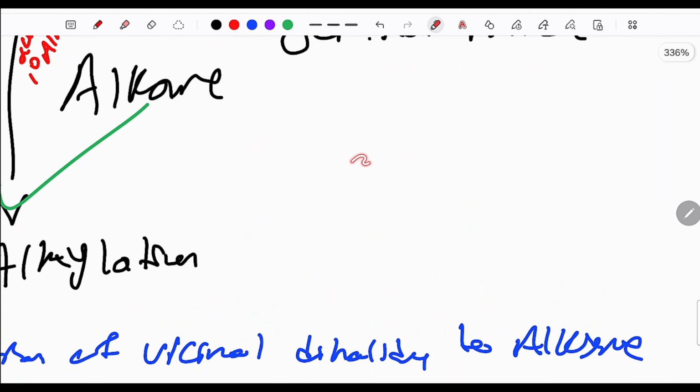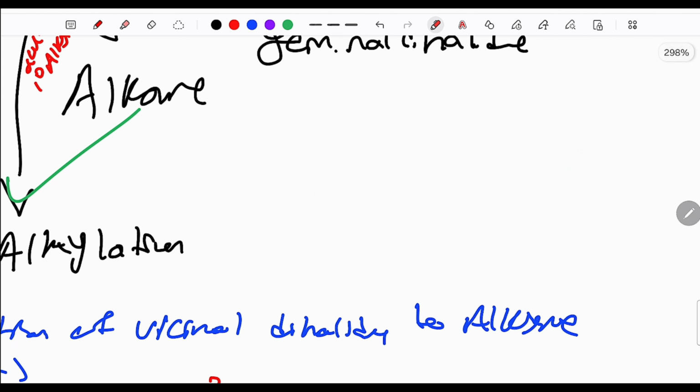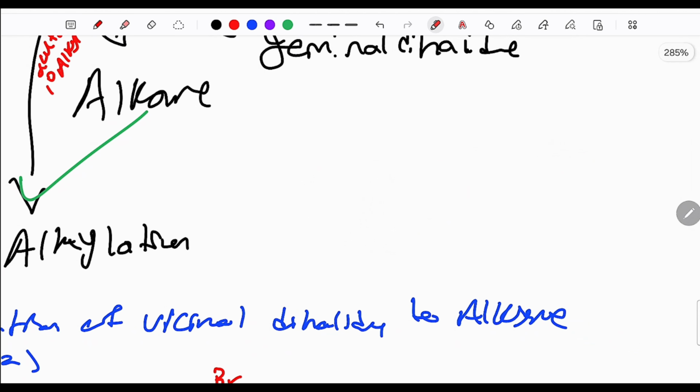And so if we have something like this and I add this to my acetylide anion, what's going to actually end up happening is that I'm going to abstract this proton, do this, and get rid of that.